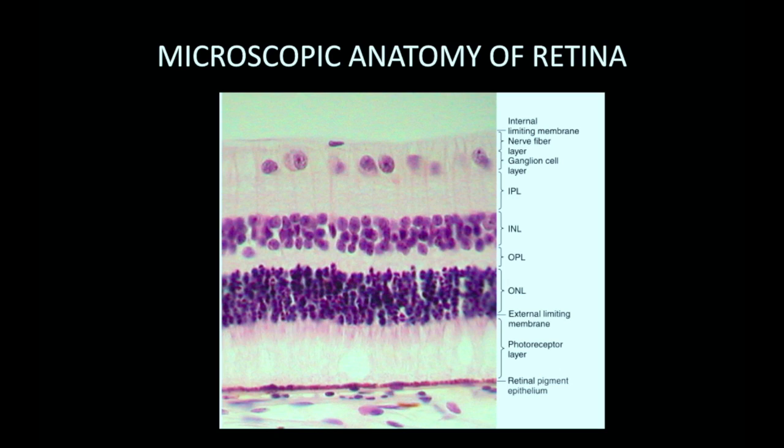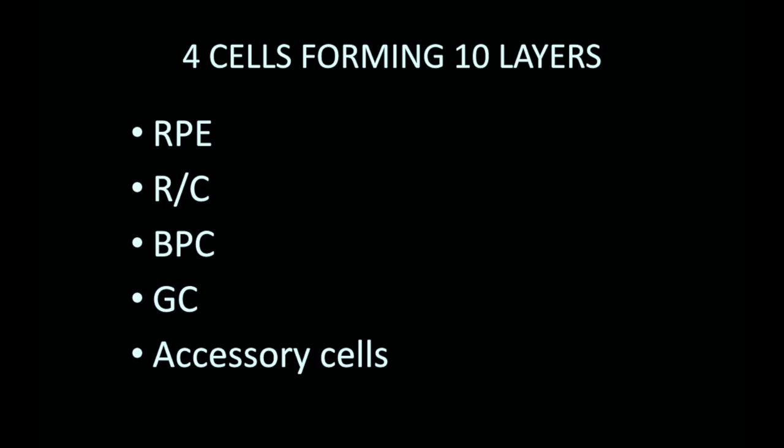So we come to the microscopic anatomy of the retina. Now, from our school days, we would have just memorized the anatomy of the retina, the 10 layers of the retina. But it is very simple. What you need to know is what are the various structures which form those 10 layers.